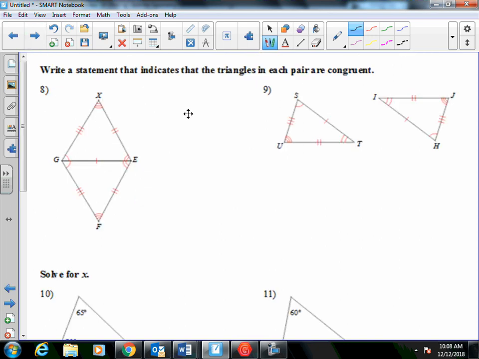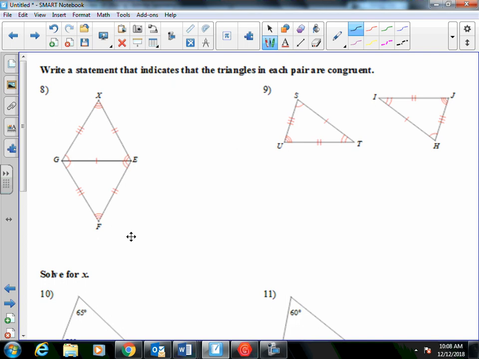All right, number 8, write a statement that indicates that the triangles in each pair are congruent. So here we're just writing the congruent statement and making sure that we put all of the corresponding parts in order. So I'm looking at the angles. I'm going to go in order of the arcs here. So 1 arc, 2 arcs, 3 arcs, 1 arc, 2 arcs, 3 arcs.